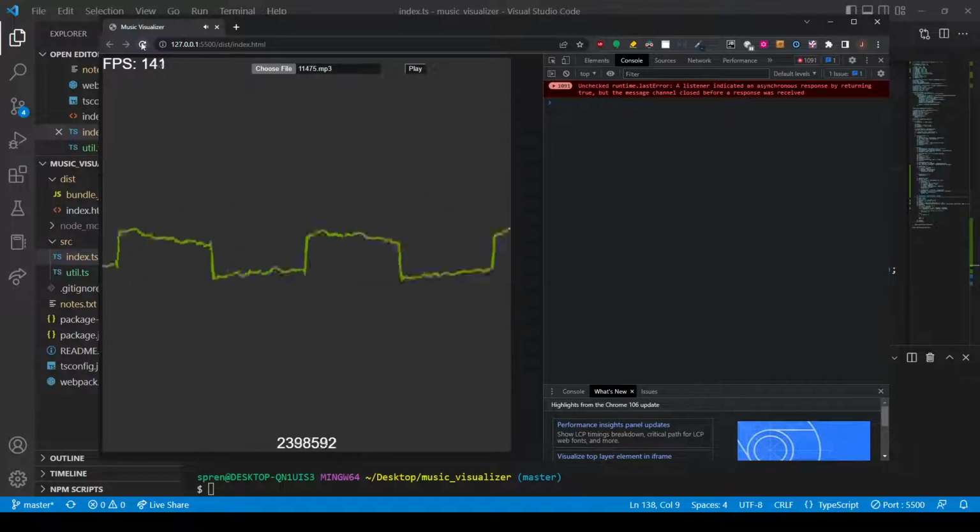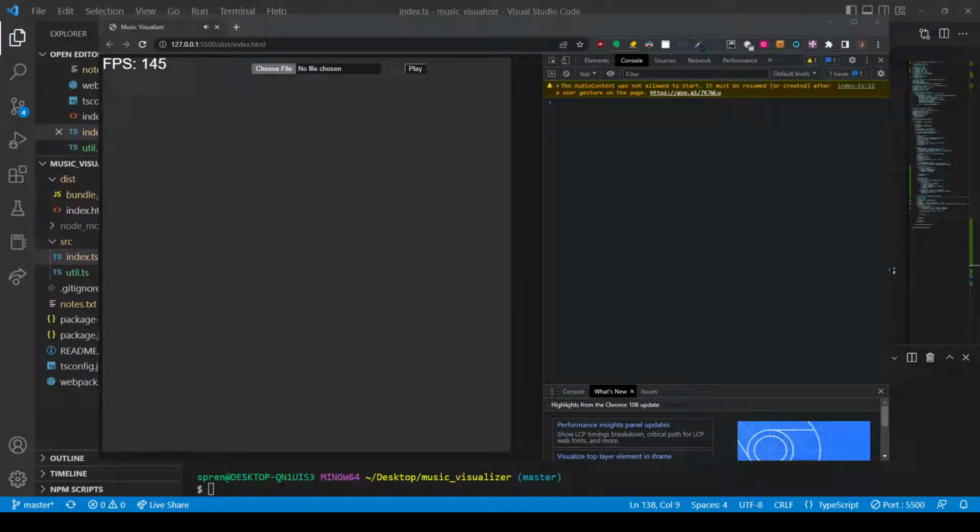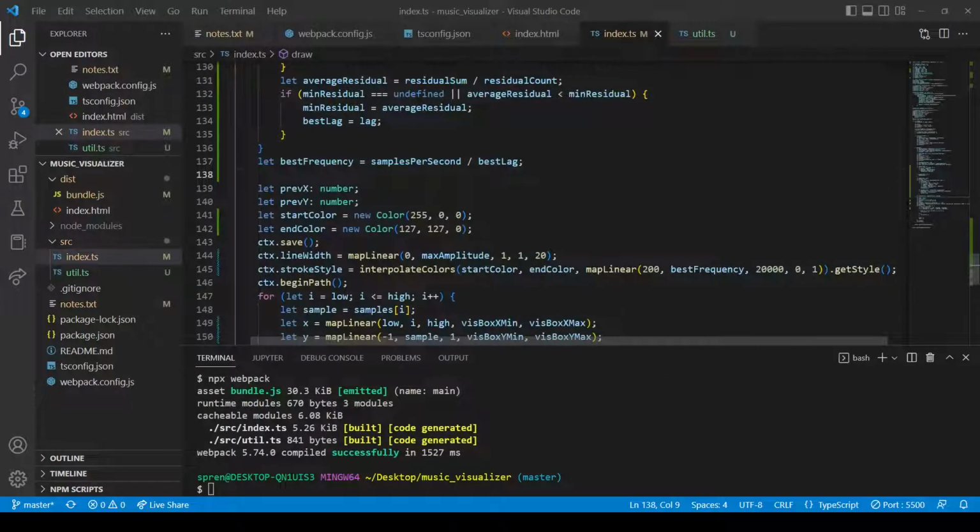Oh, okay. One thing I did wrong that I just noticed is purple is not red plus green. Right?